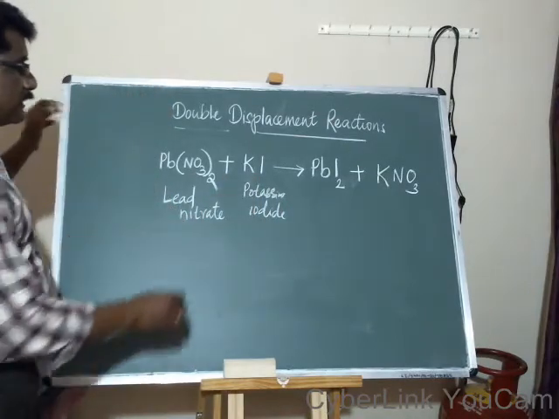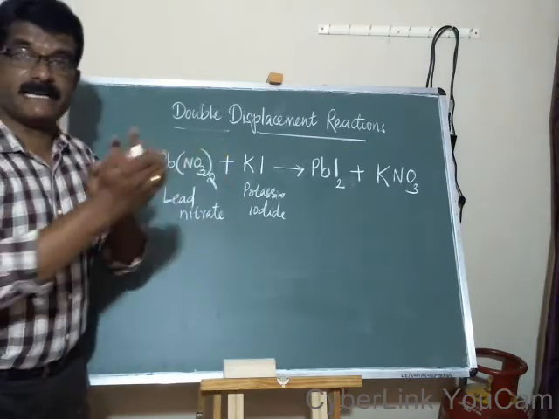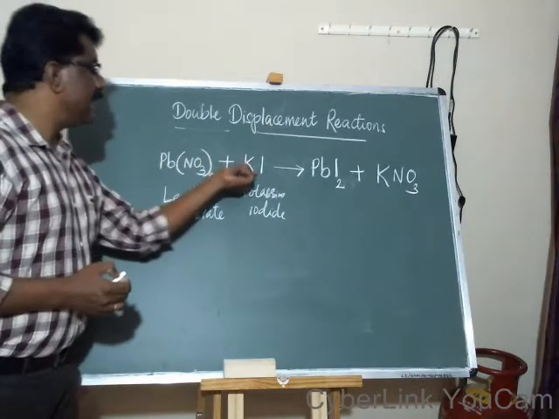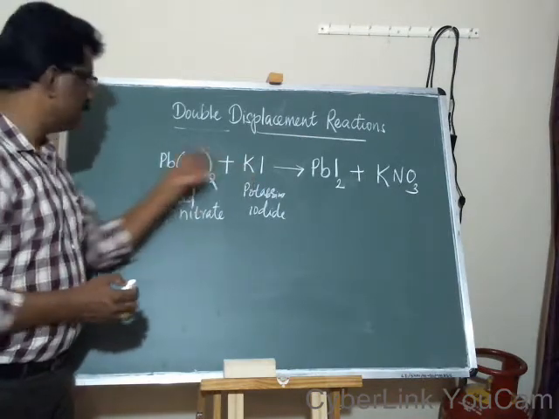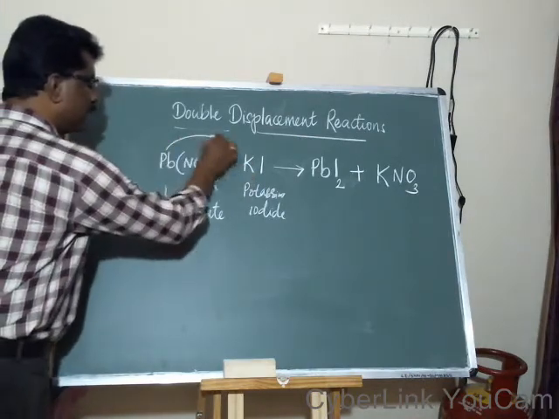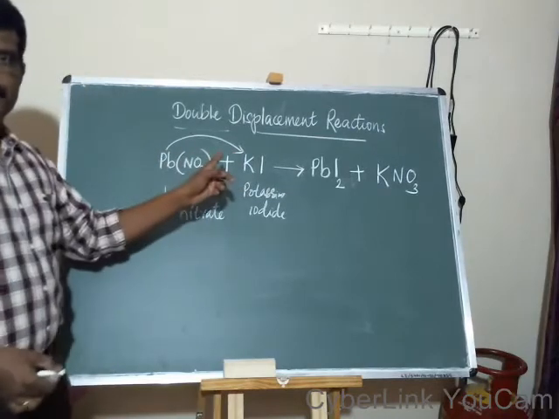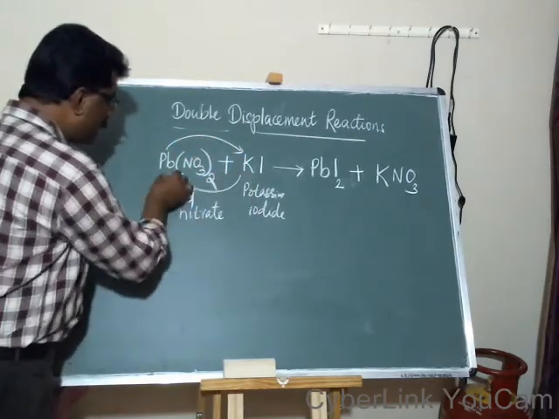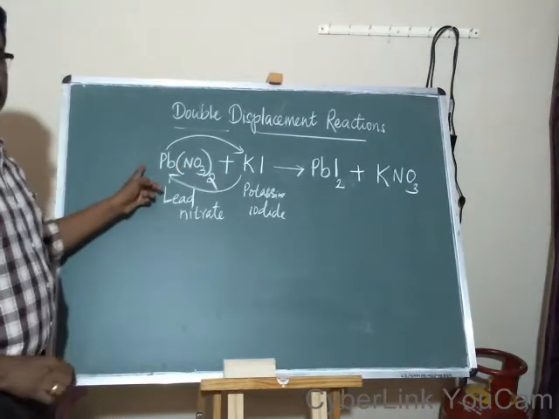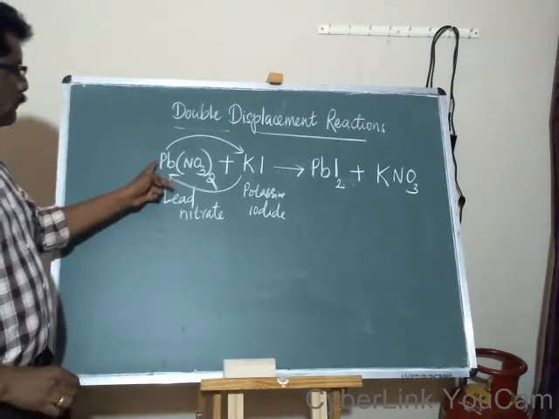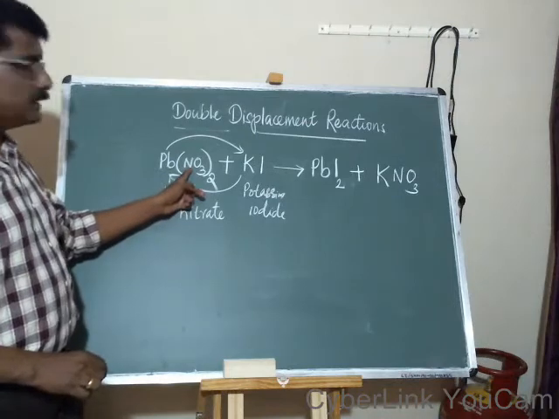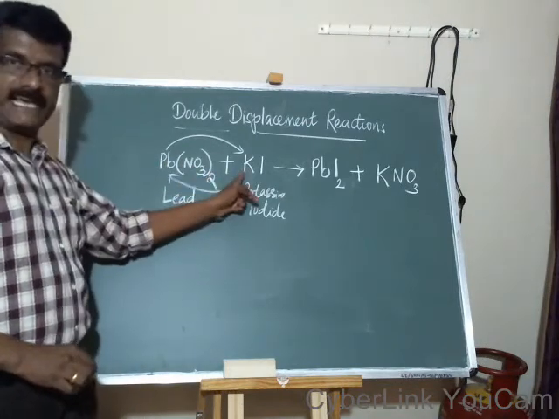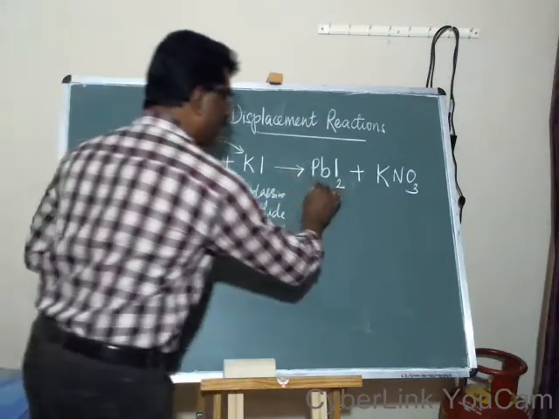Double displacement takes place between lead, Pb, and potassium, K. Lead moves to the place of K and displaces K. K comes at the place of lead, Pb, and forms potassium nitrate. Lead occupies the place of K and forms lead iodide.